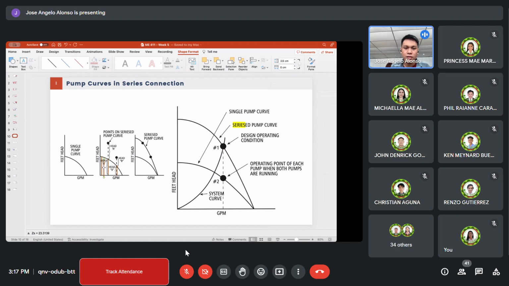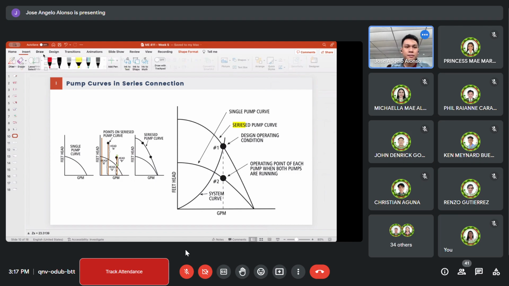Okay. Then, make it double, or double the size ng elevation. Then, plot the curve, or plot those points.